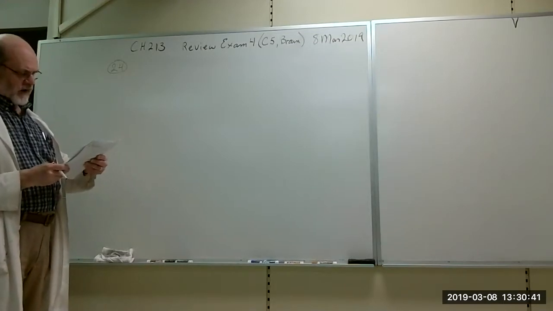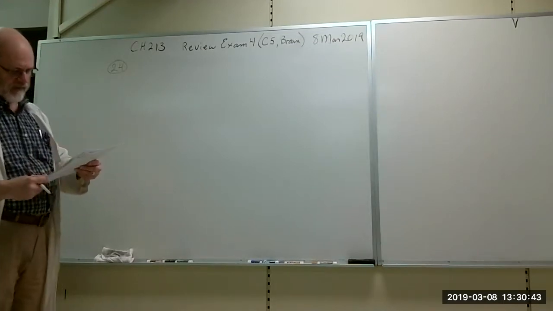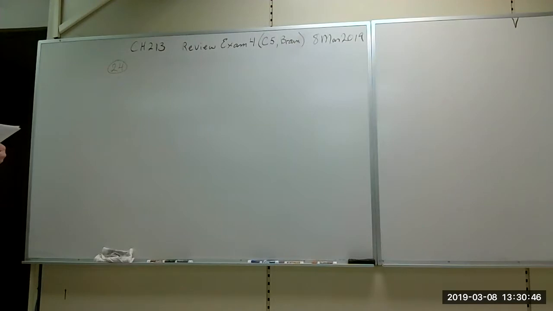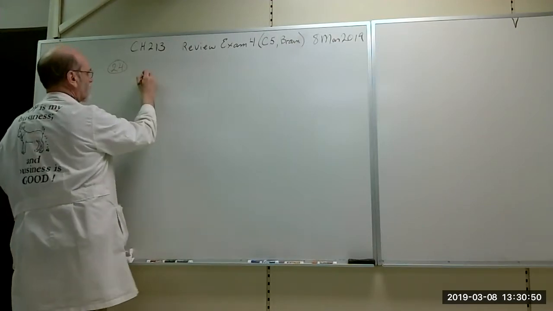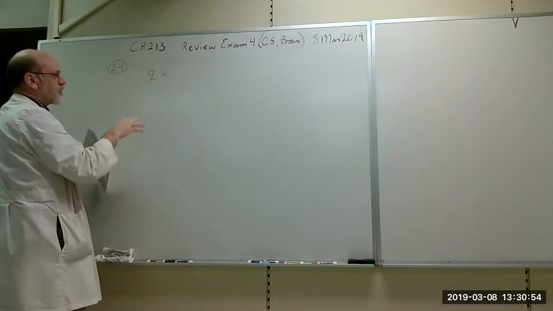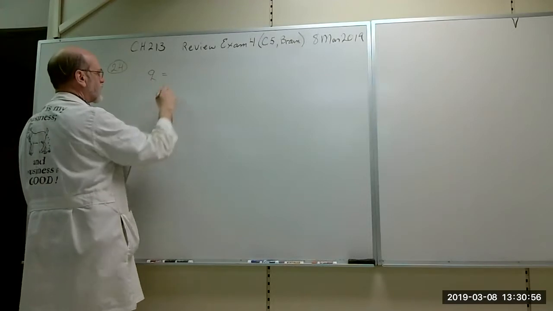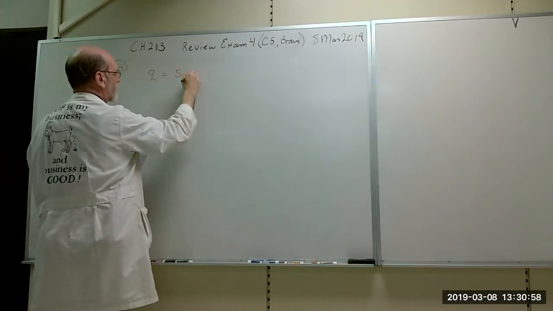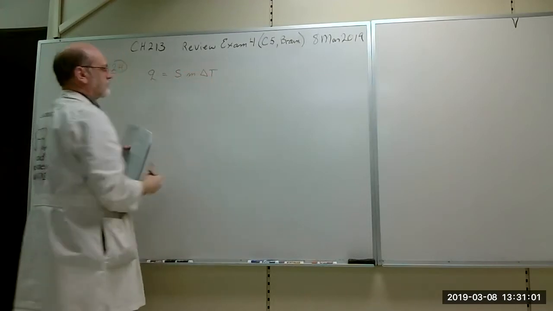How much heat is required to raise the temperature of a 5.75 gram sample of iron from 25 to 79.8 degrees? Okay, this is a really simple calculation of Q when you know the specific heat of your sample.